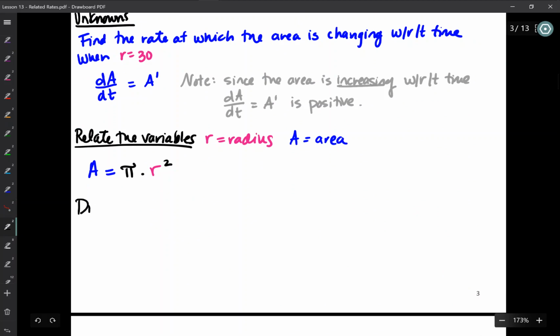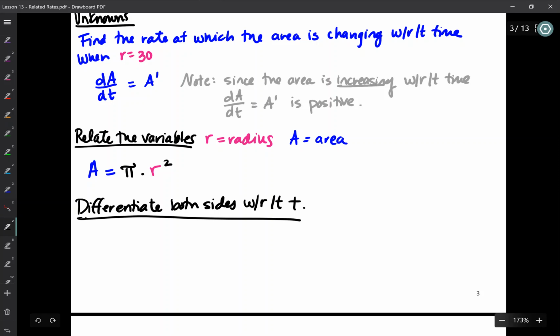So now we're going to differentiate both sides with respect to time. The derivative of A is 1, but then chain rule times dA dt, the rate at which A changes with respect to time, or A prime if you prefer. Here I have a constant, pi is just a number, about 3.14, a constant multiple.